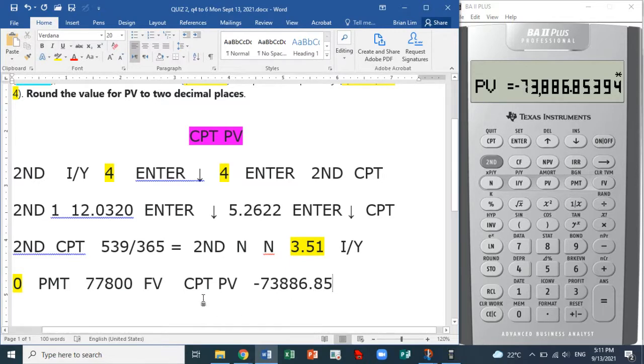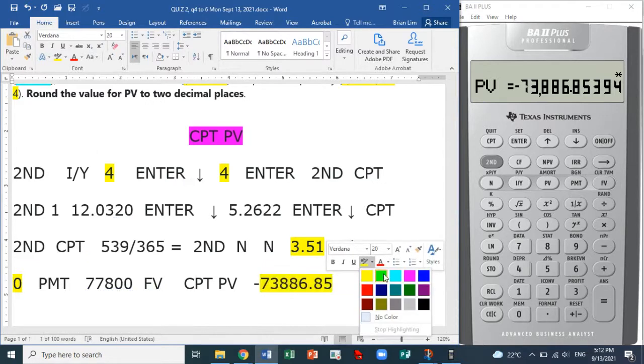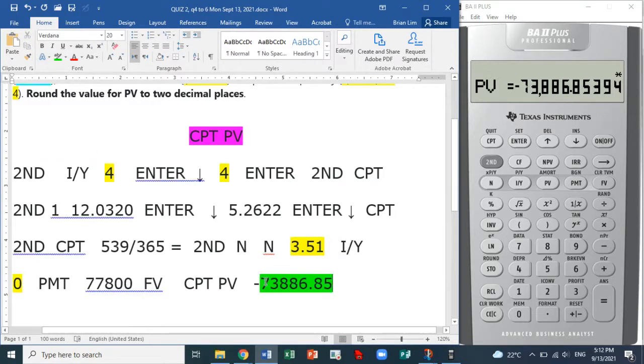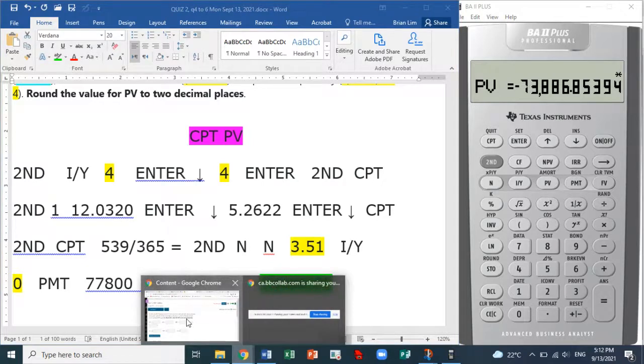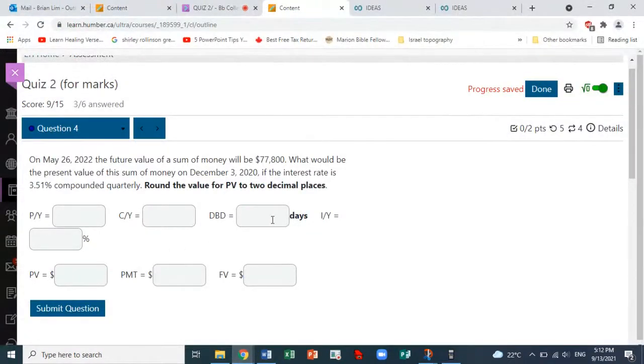So this is our answer here. Okay, so let's put it in green, and then we can copy it and see if that is the correct answer to the question. So that will go in here.